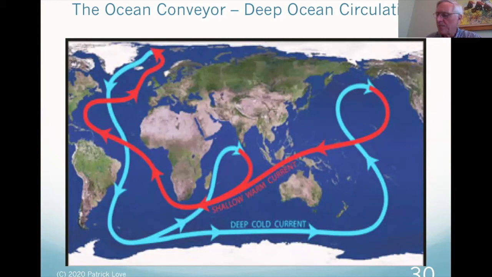So basically, what we have covered in this section is the circulation of energy from the equator to the poles.